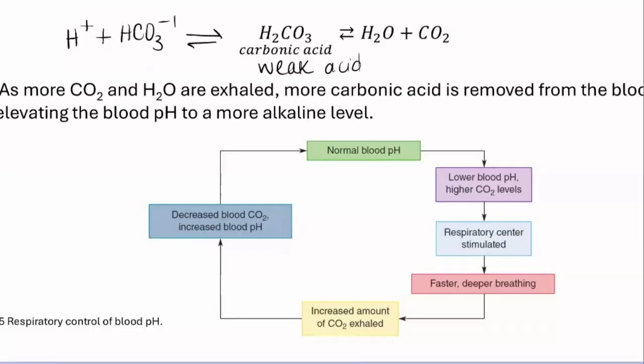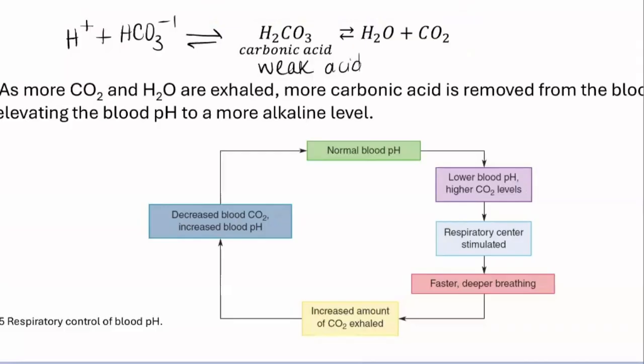Let's say that in the body, the opposite happens. What if all of a sudden we are increasing the levels of CO2? If you increase the levels of CO2, according to Le Chatelier's principle, the reverse reaction is the one that is going to shift the equilibrium.